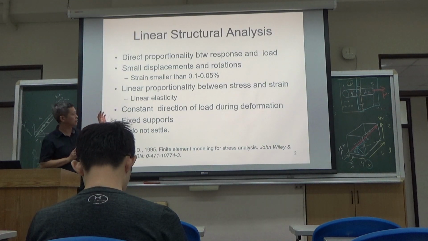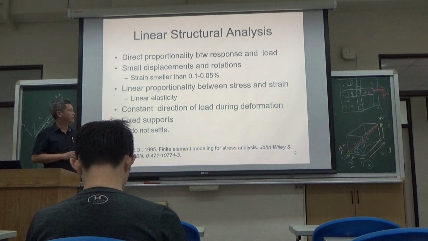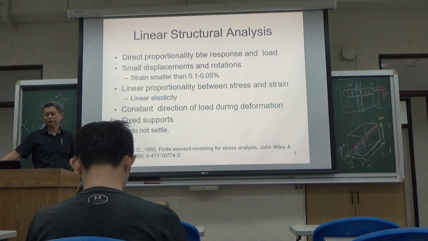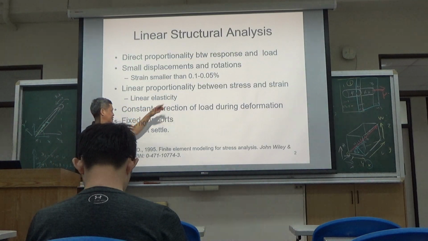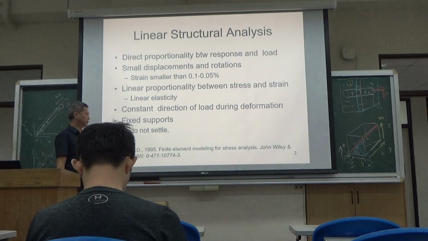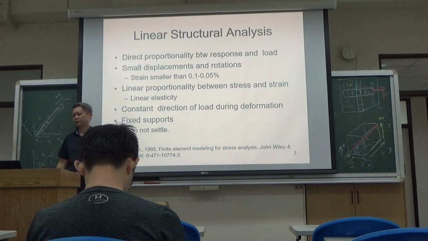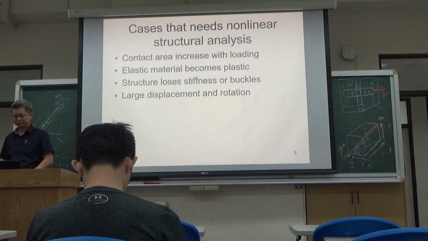It doesn't work for plastic. They require stress-strain proportionality within linear elasticity, and also assume that the force doesn't change in direction. You assume that the support is always there and not changing.